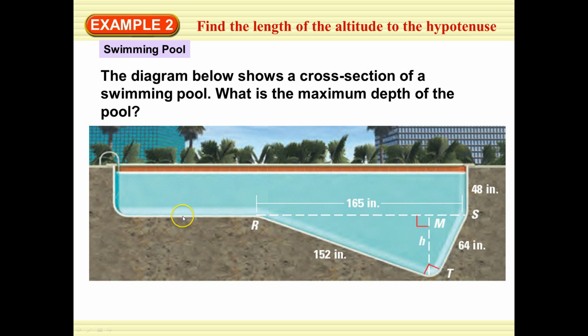So we've drawn this imaginary line to coincide with the shallow end, and we know that that's 165 inches, but we don't know how deep that is. We are also able to measure this distance and the distance of this slope here. So I'd like to know h.